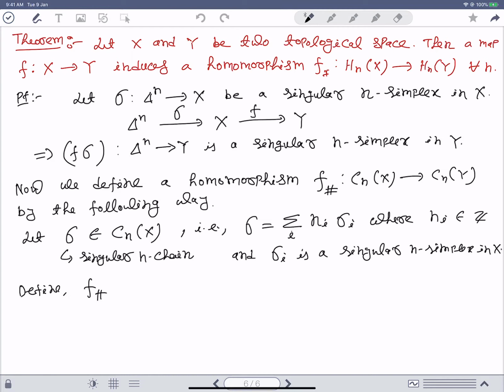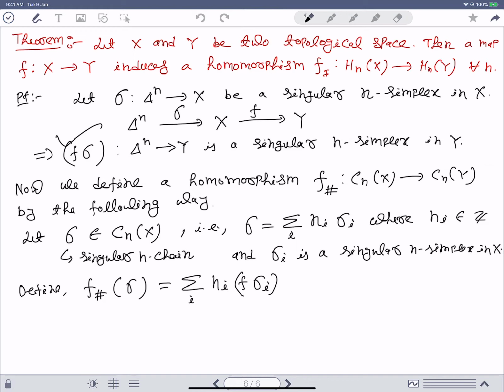Now we define f hat of sigma equal to the summation over i of n_i f of sigma_i. But we have already seen this, right?